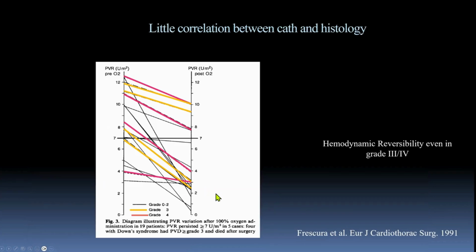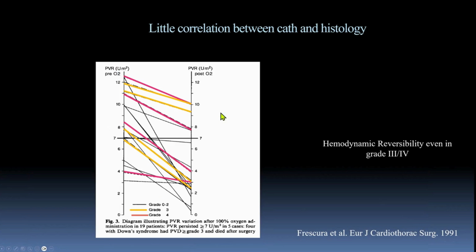This is what I was telling you about, this lack of clear correlation between hemodynamics and histology. This is from Padua, where I did my specialist training. They have a big tradition of biopsies in these children, especially, and they did cardiac. This is from ages ago, so they were doing reversibility with oxygen at that point.